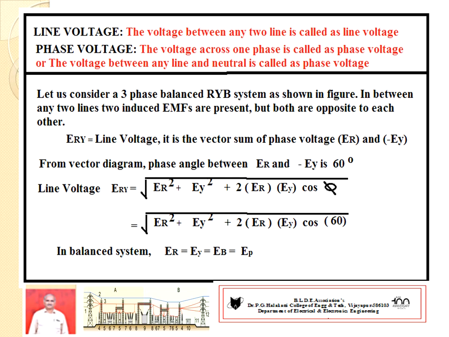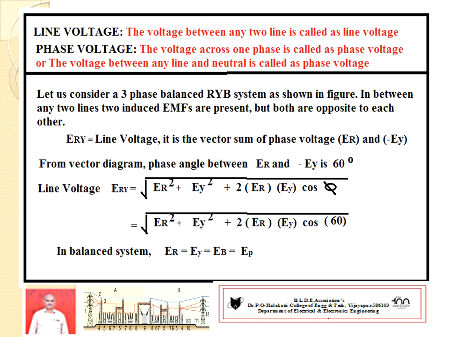It is concerned with two phases, ER and EY, so it is the vector sum of ER and minus EY. From the vector diagram, the phase angle between ER and minus EY is 60 degrees.